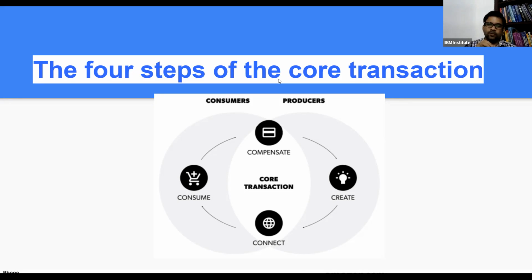Once the product has reached the consumer, Amazon disperses or releases that compensation to the creator, the producer or the seller. The right hand side is the seller side and the left hand side is the buyer side. In between is the mediator side. The platform acts like a mediator. This is what exactly happens.